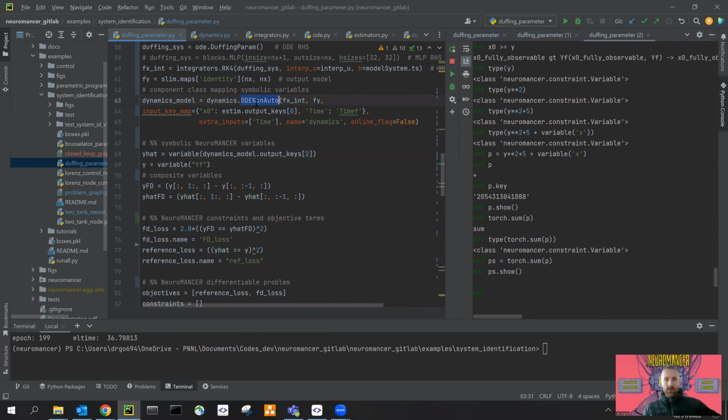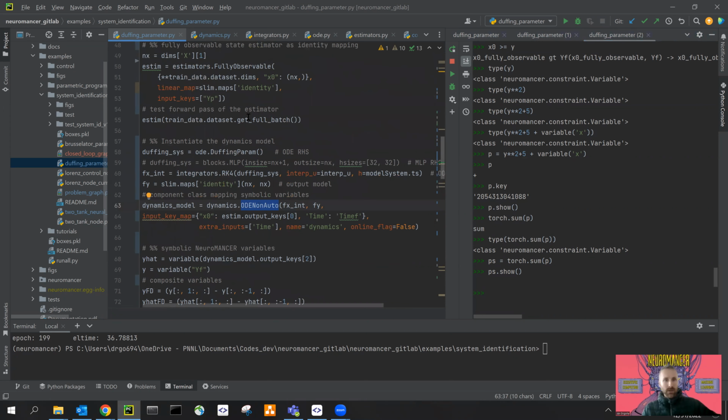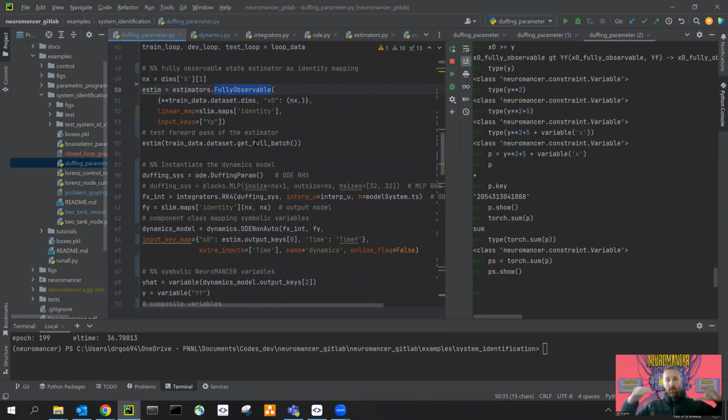The components, like this dynamics ODE non-autonomous class or estimators, are wrappers for specific architectures in our framework that are high-level symbolic representations. So very often you may have some architecture trained in a standalone application that is not symbolic and you want to wrap it, you can create your own symbolic wrapping components.